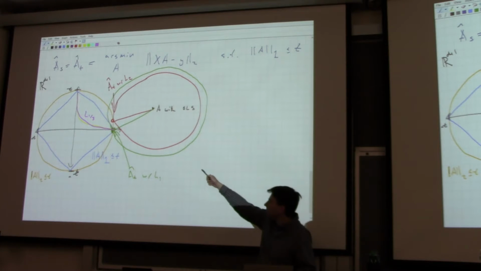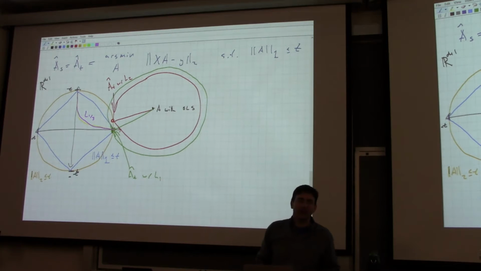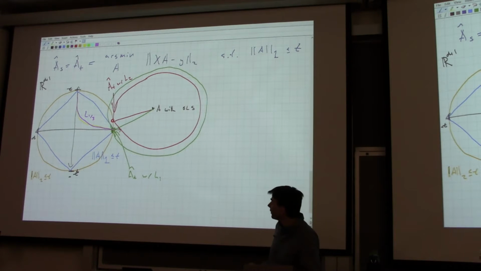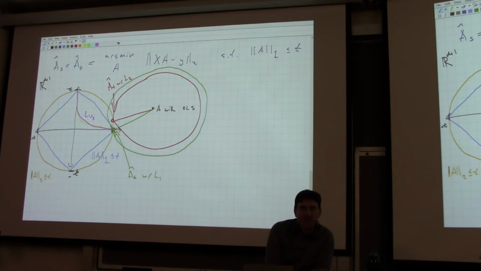The problem is this shape is no longer going to be convex, and that's going to make the problem really hard to solve. I haven't told you yet how to solve this expression with this L1 constraint. Turns out for L1 there's a nice solution. It's a bit intricate. It's not as clean as ridge regression, but you can do it.